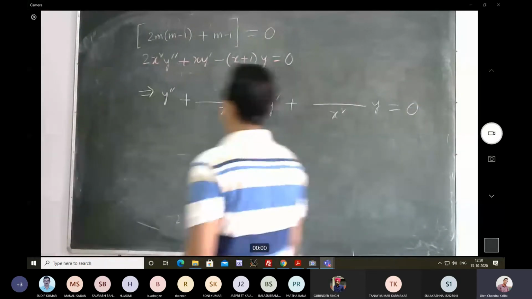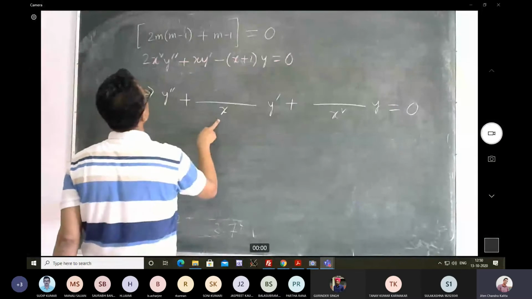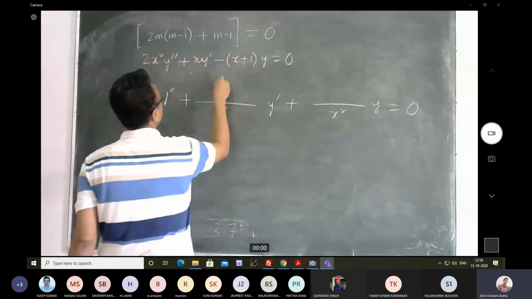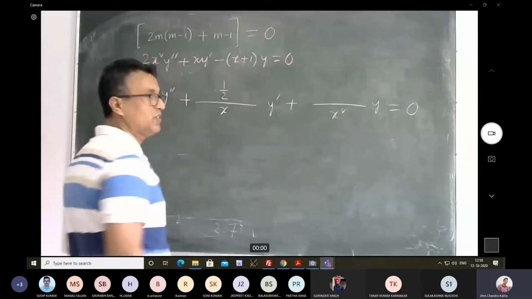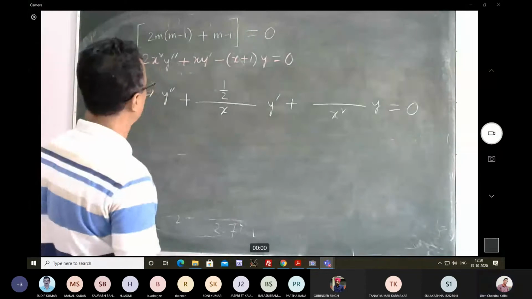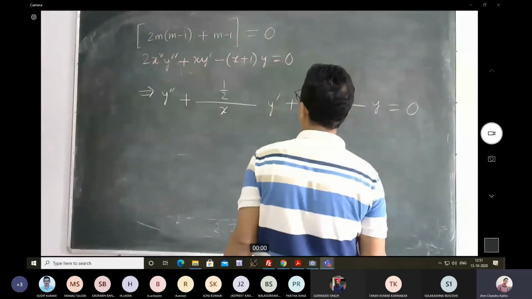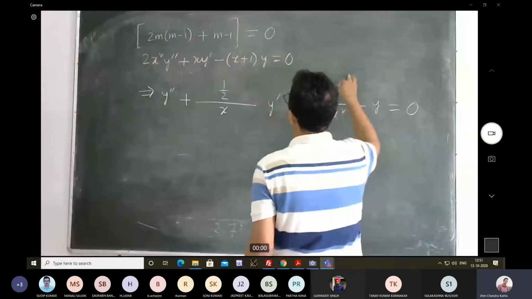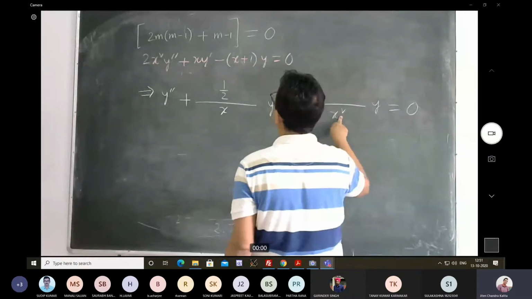Then simply I'm going to get half here. Is it okay with everybody? And then I am going to get, just a minute, x squared is already there, so simply divide it by half.